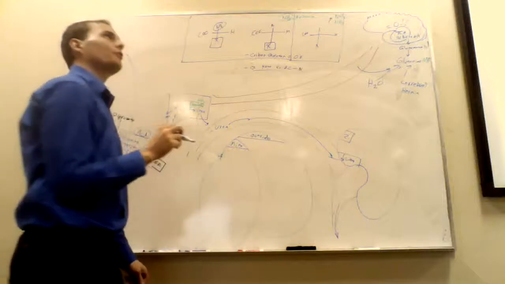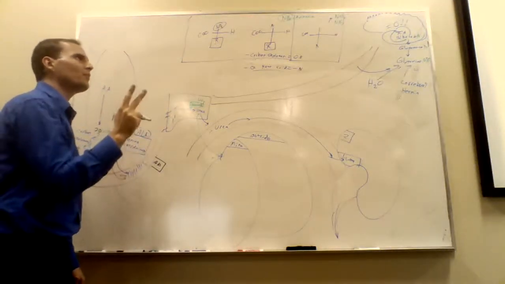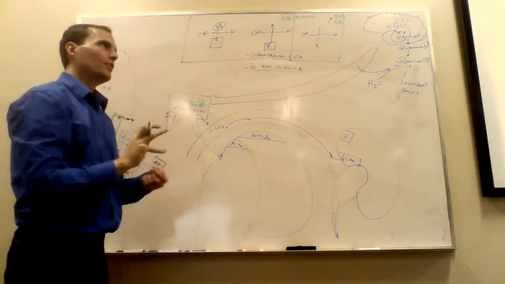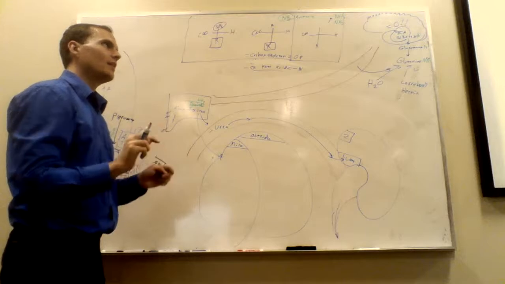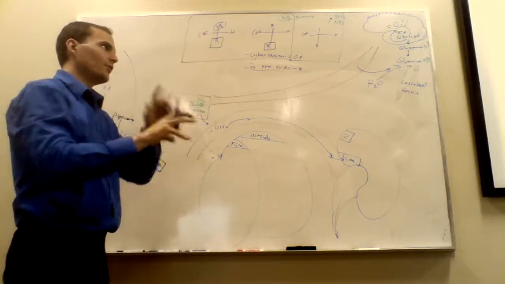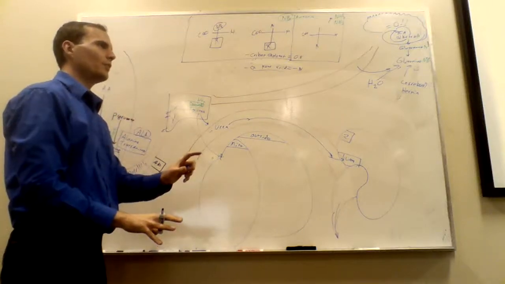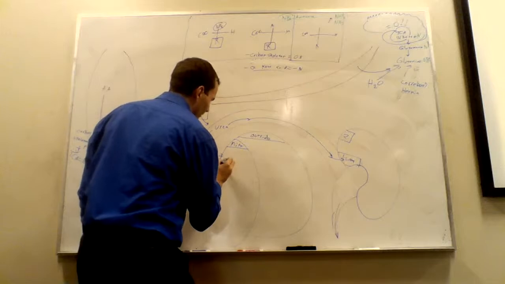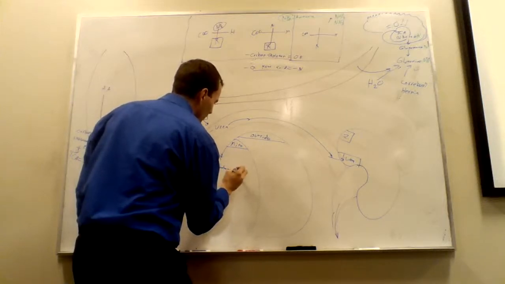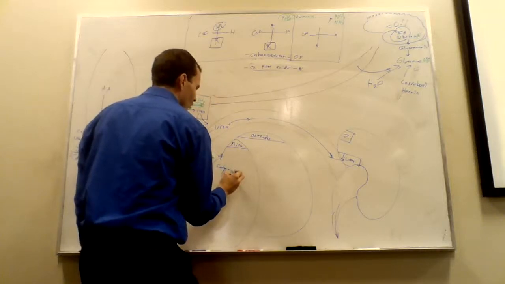All right, so the first step: there are two steps, and there's one enzyme that grabs the ammonia and puts it with a carbon dioxide, and then a second step turns that into carbamoyl phosphate. So it's going to be carbamoyl phosphate synthetase 1.